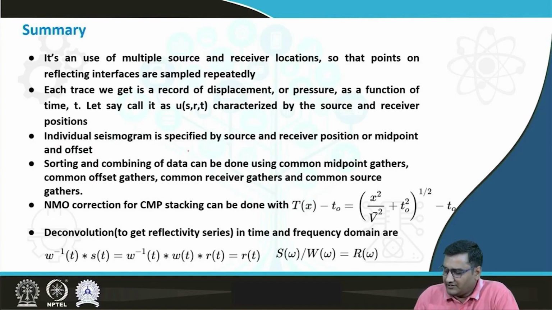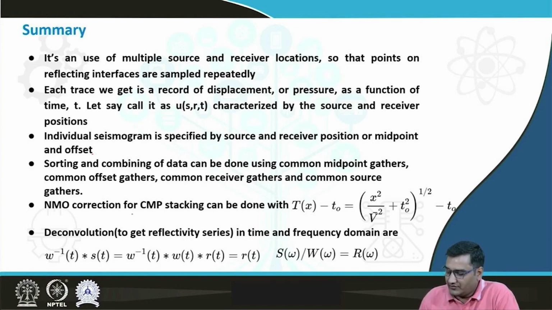An individual seismogram is specified by source and receiver position, or midpoint and offset. Sorting and combining of data can be done using common midpoint gathers, common offset gathers, common receiver gathers, and common source gathers.